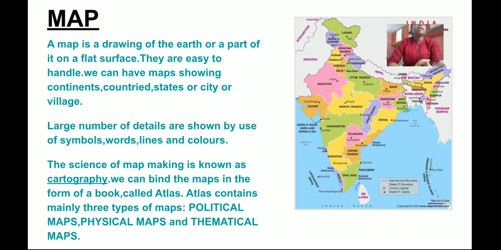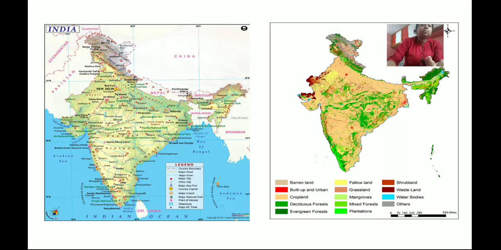On your right side is a political map of India, which shows the different states of our country, cities and towns. On your left side is the picture of a physical map, which shows different physical features such as mountains, valleys, rivers, plains, plateaus and other features.